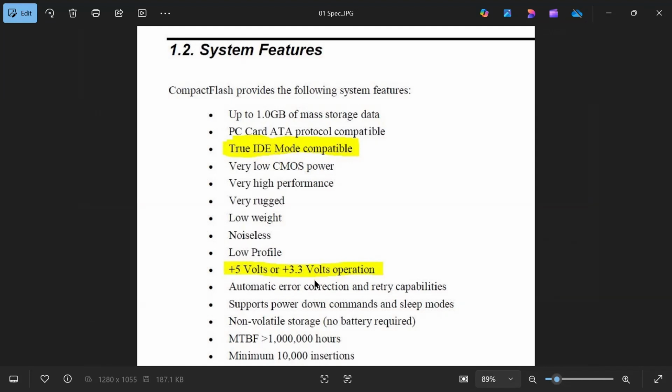So that is likely going to cause an issue and may cause the compact flash to operate in 3.3 volt operating mode. And we don't want that. That will not work with our computer. So we're going to have to address this issue in our hardware design, but we won't be concerned with that today.